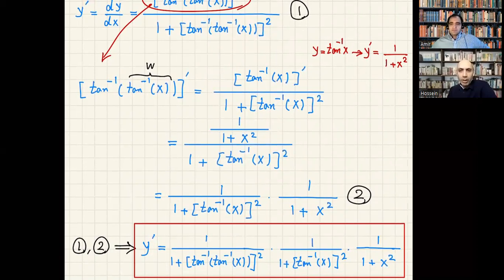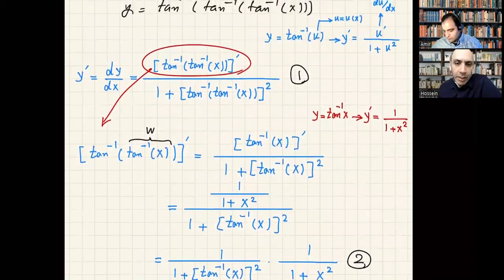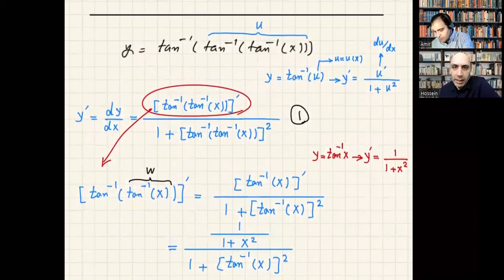To summarize, you used change of variable to solve this problem. You renamed the interior function as u, and then used the equation that you wrote on the side to find the derivative.